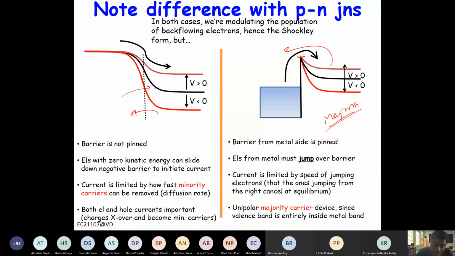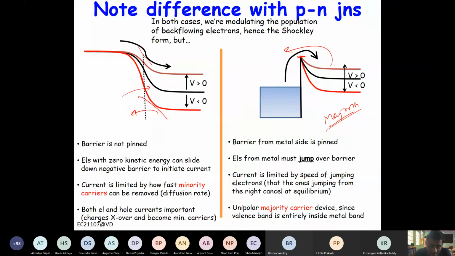Then here there is no limit on the minimum velocity of electron, right? So in forward bias, electrons and holes can glide down, right? Even with zero velocity or zero kinetic energy. But here a minimum velocity is required to cross over the barrier.